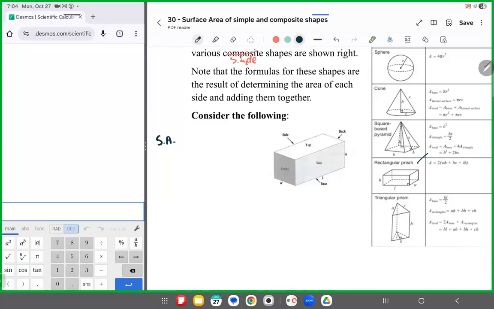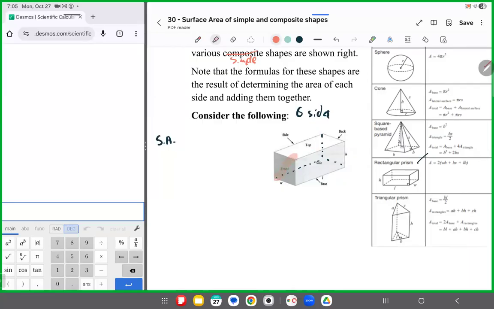Okay, so let's have a look. If you see a rectangular prism, that's a three-dimensional rectangle. There are a total of 6 sides altogether. And so we go through these shapes one at a time. So if we have a look at, say, the front side here, let's put that in red so it's easier to see.